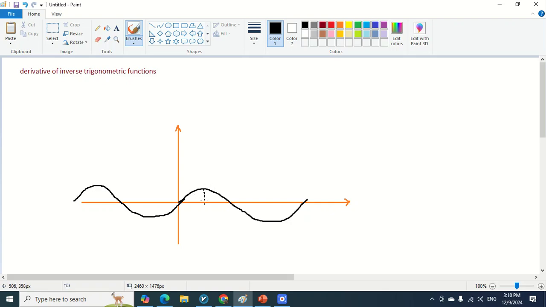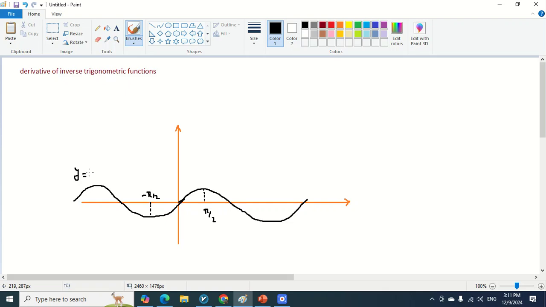Over here this point is pi over 2, and the other one over here is minus pi over 2. At this point we have minus 1, the value of sine of x. So this is y equal to sine x.